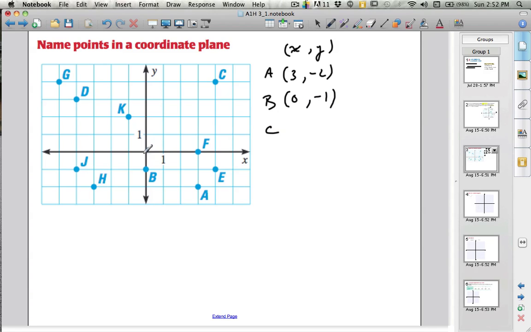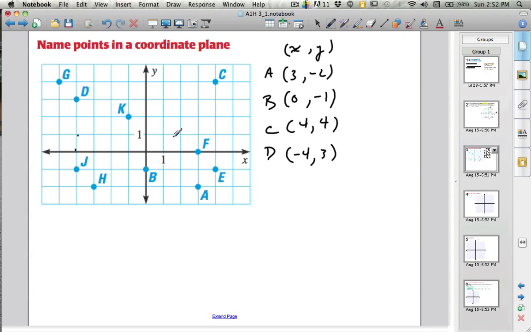For C, it's 4 to the right and up 4. For D, it's 4 to the left, that's negative 4 horizontal change, and positive 3 vertical change.